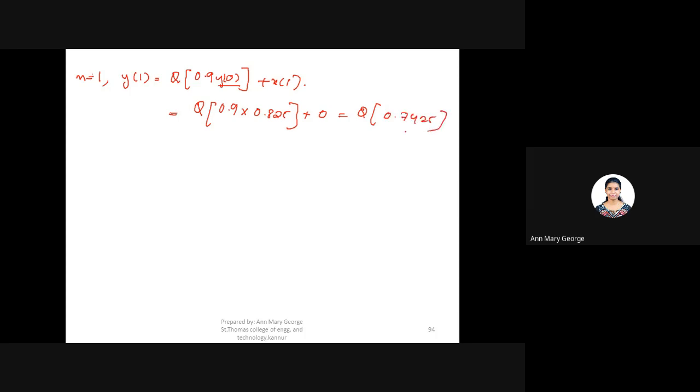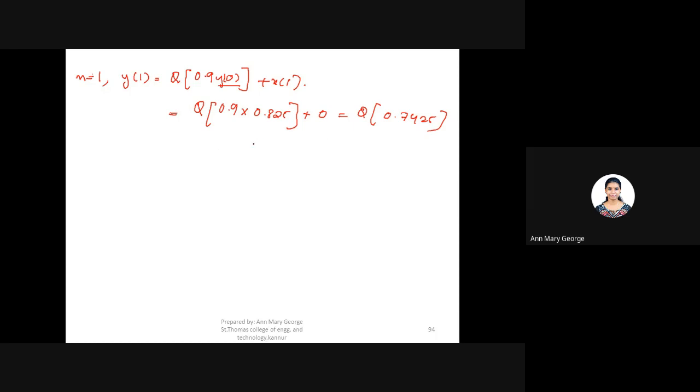N equal to 1. So y of 1 will be equal to Q of 0.9 y of 0 plus x of 1. Earlier we got the value for n equal to 0, that is y of 0. Substitute for this, and then Q of 0.9 into 0.825 plus 0 will become Q of 0.7425.